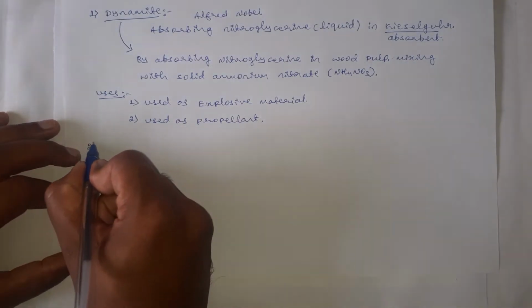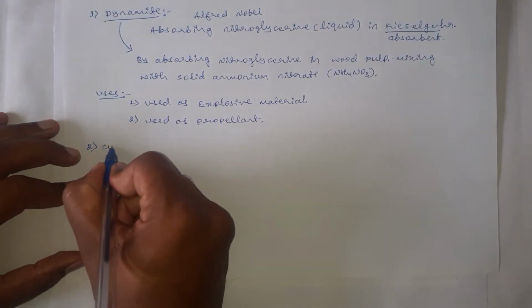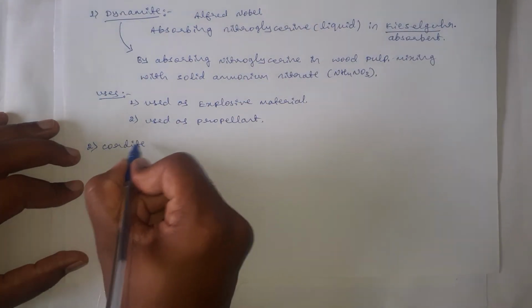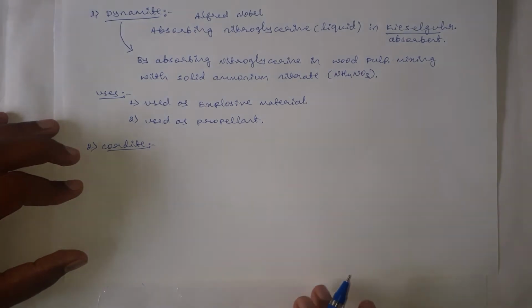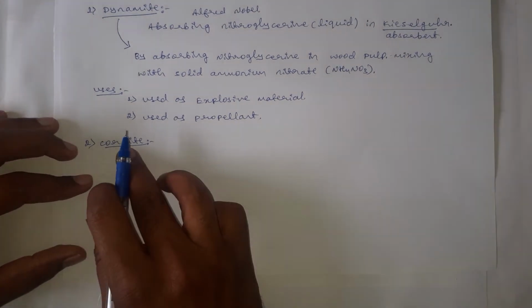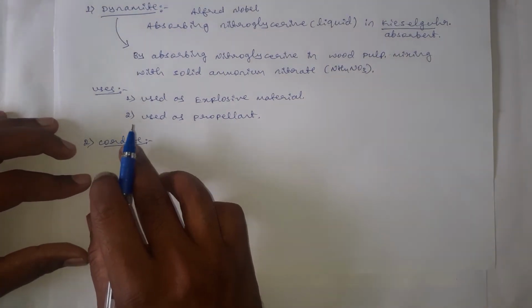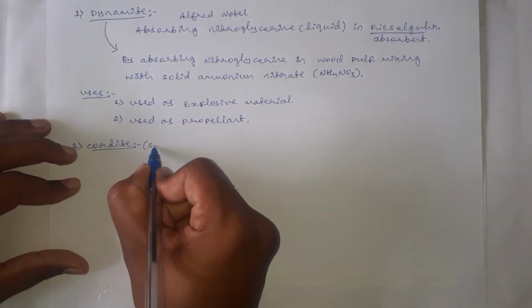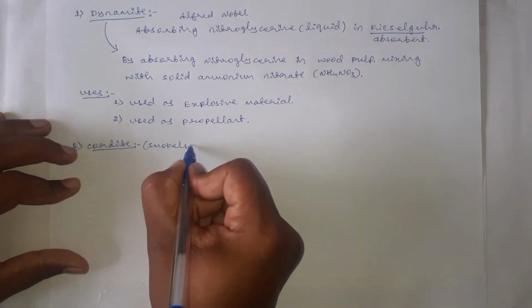And the second one is cordite. This is also an explosive material, and this is also called a smokeless powder.